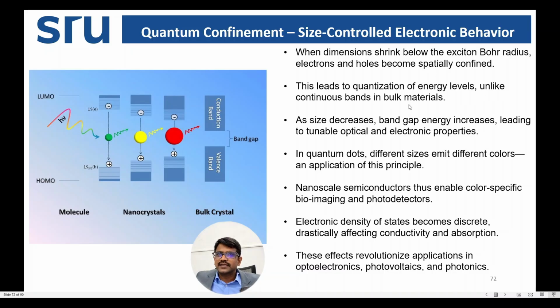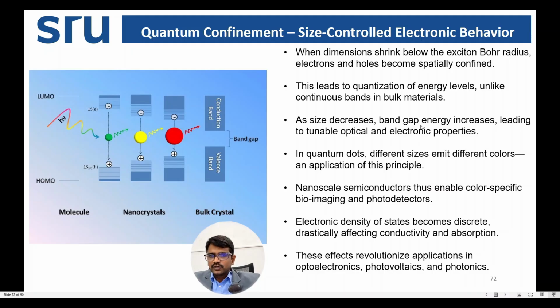As we said earlier, in bulk materials we find continuous energy levels, but in nanomaterials the energy levels are quantized, discrete energy levels. As size decreases, the band gap energy increases, leading to tunable optical and electronic properties.